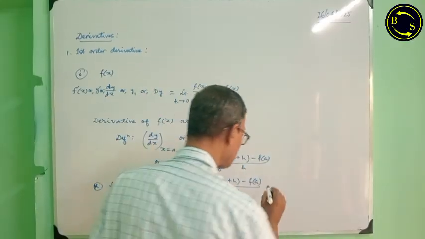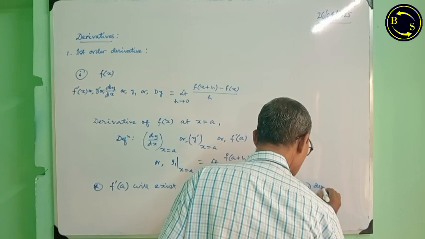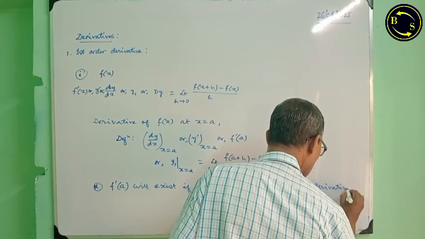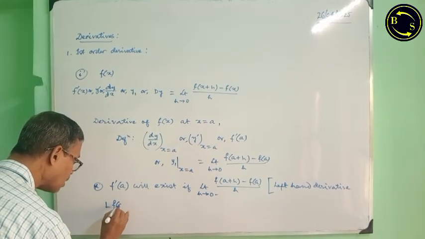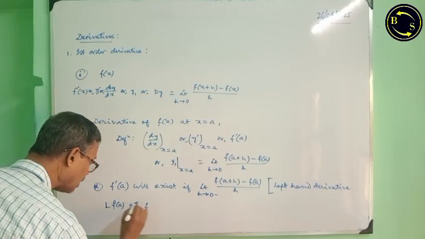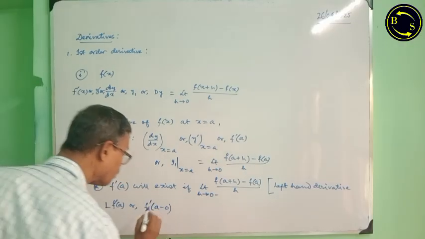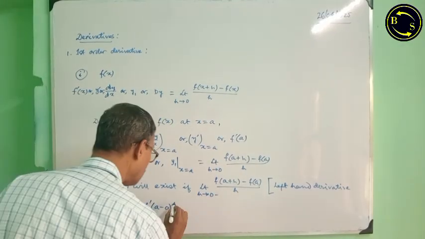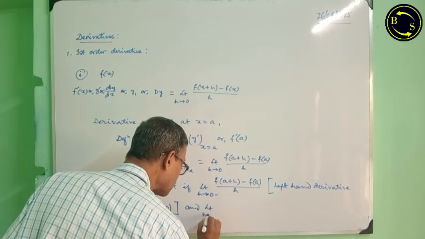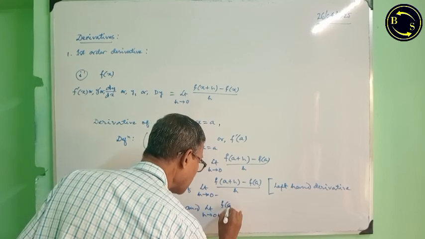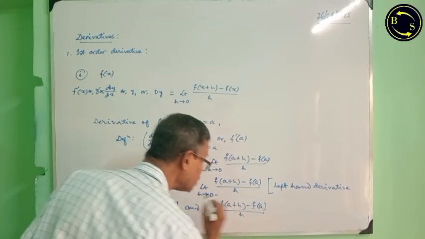This is called left hand derivative. Other notation is L f dash a, or f dash a minus 0, and limit h tends to 0 plus f(a plus h) minus f(a) by h.